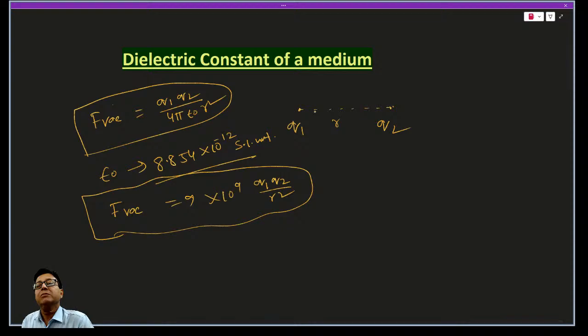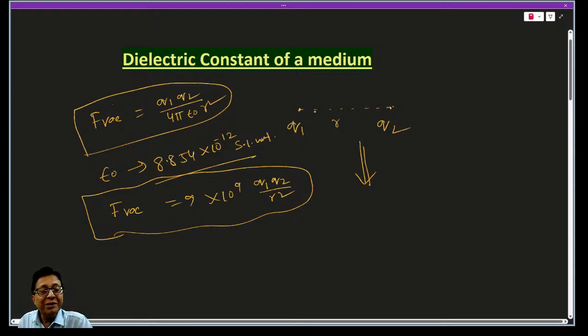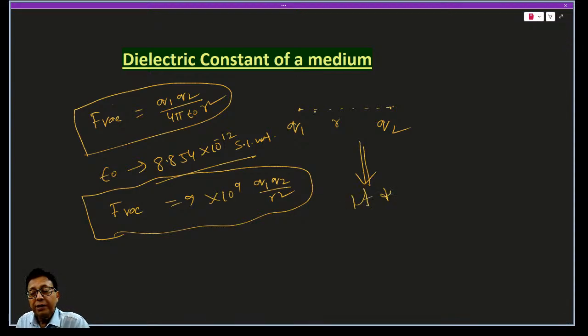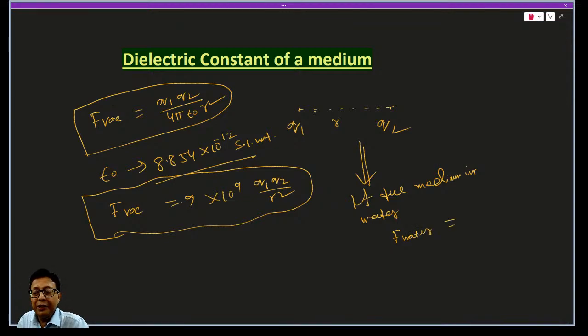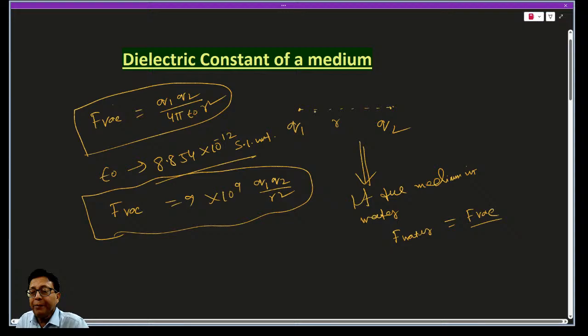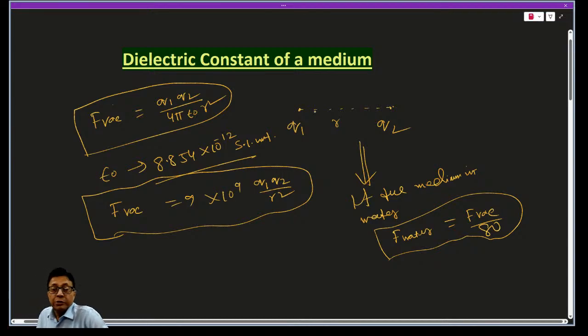But it is observed that if the medium is water, then the force is reduced compared to vacuum. This is an experimental observation. Similarly, if the medium is oil, this is again going to be changed. So the formula needs to be modified.